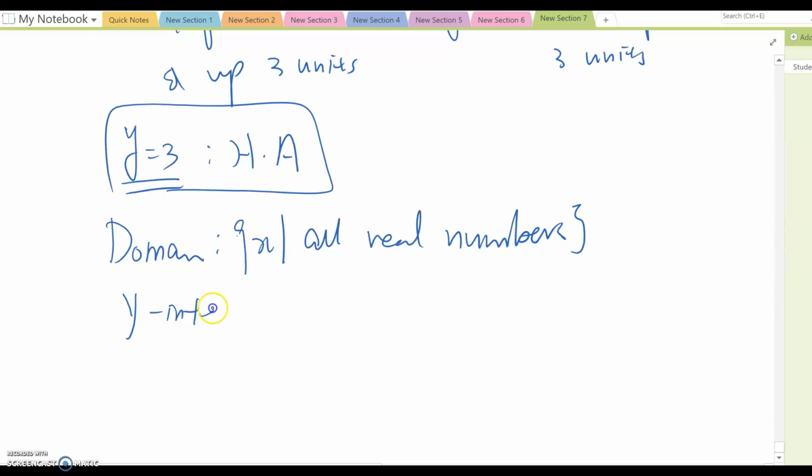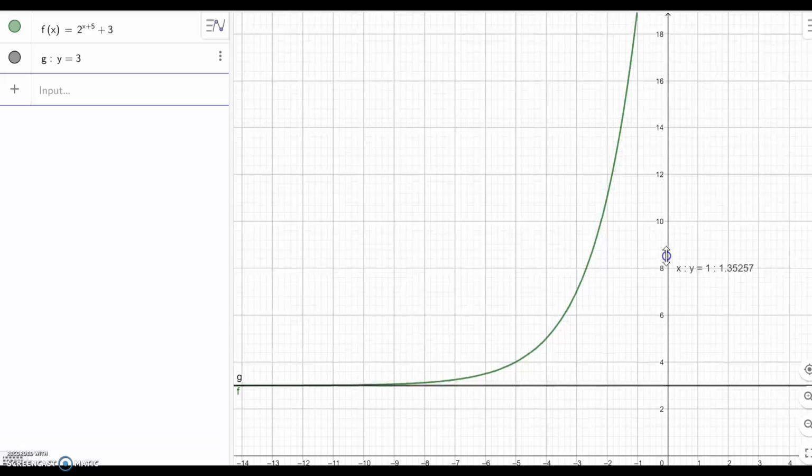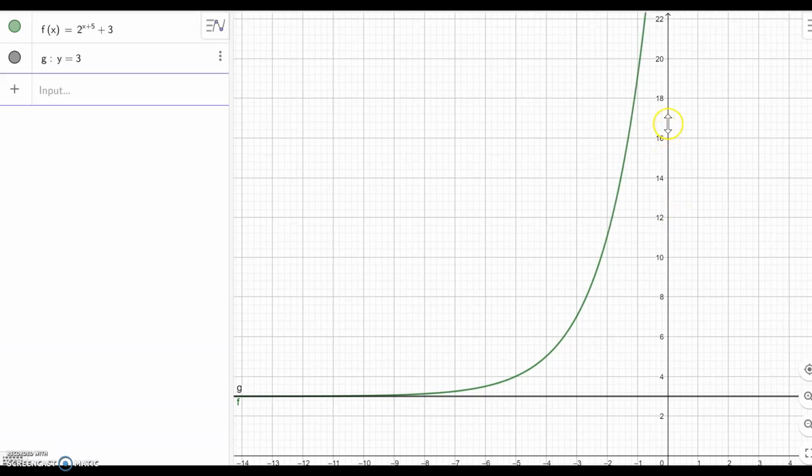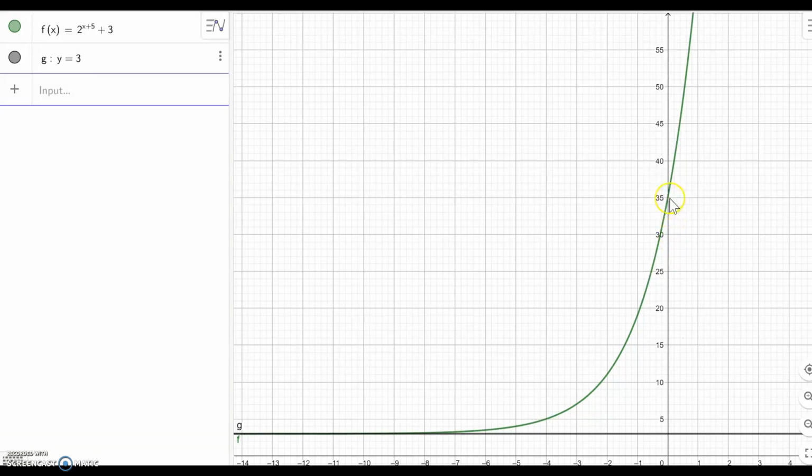What about the y-intercept? That will be a little bit different though, because we have to go. So I'm going to zoom out so we can find the y-intercept. It's right here basically, right?